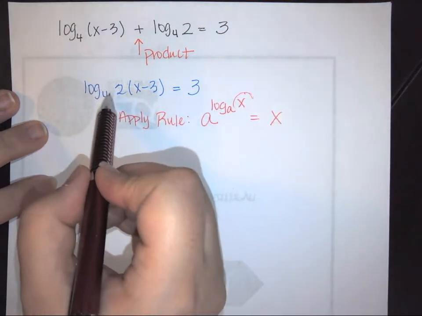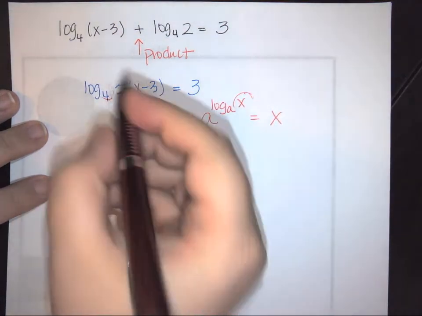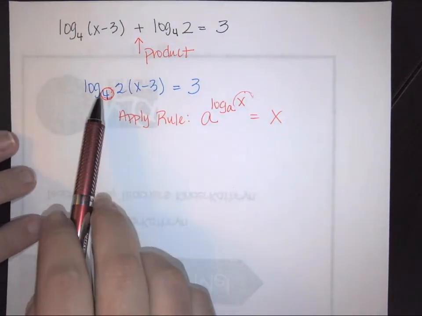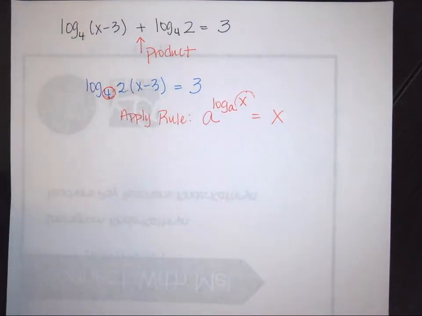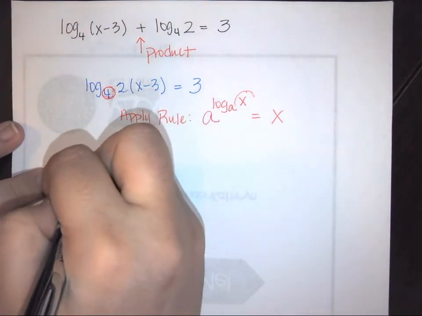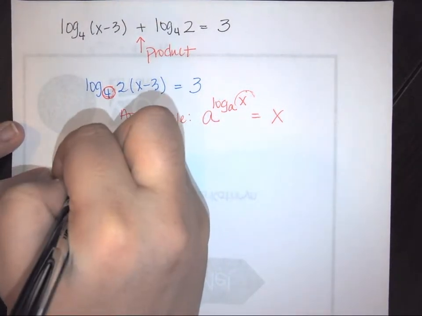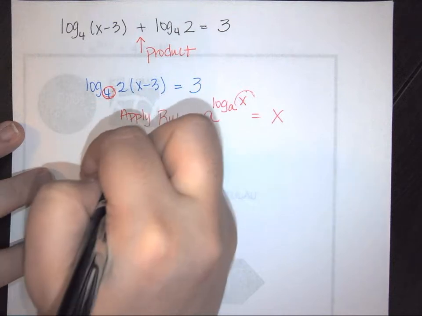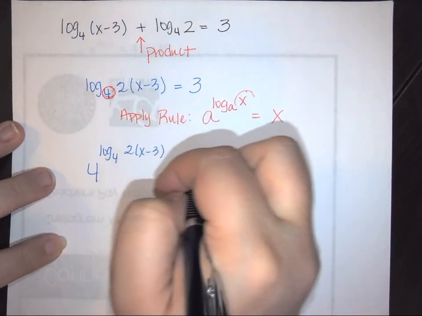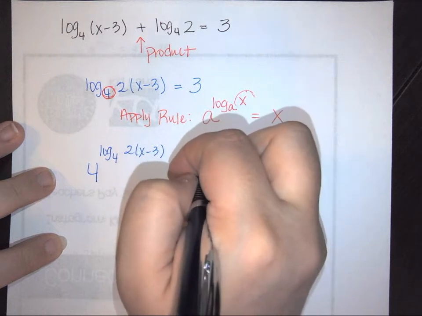So here my base is 4. So this is my base. So I need to raise both sides of the equation into an exponential form where it has a base of 4. So I have 4 to the log base 4 of 2 times x minus 3 is equal to 4 to the third.